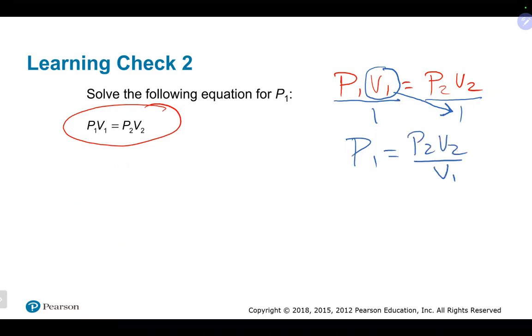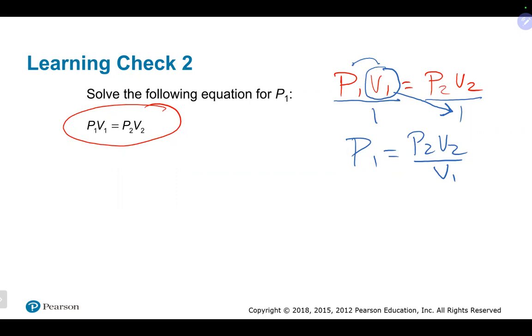That's basically dividing both sides by V1. Once again, the real math of it is we're multiplying here. So to get it to the other side, we need to do the opposite, which is divide. Any questions on that there?